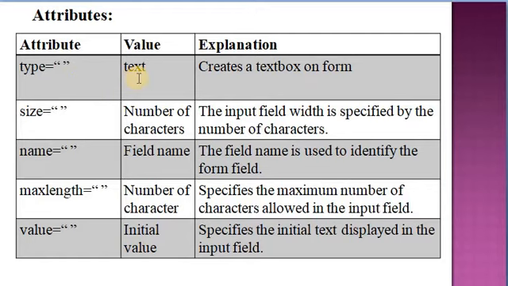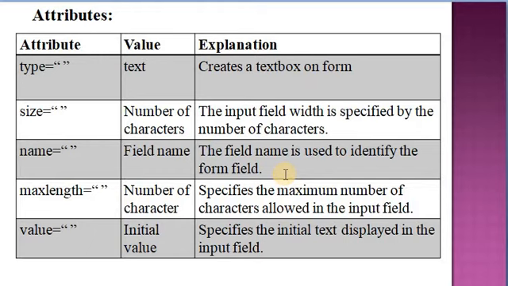First, type is equal to, suppose here you take text; it creates a text box on a form. Next, size means the number of characters you can put. The input field width is specified by the number of characters. Next is the name, meaning the field name, which is used to identify the form field.